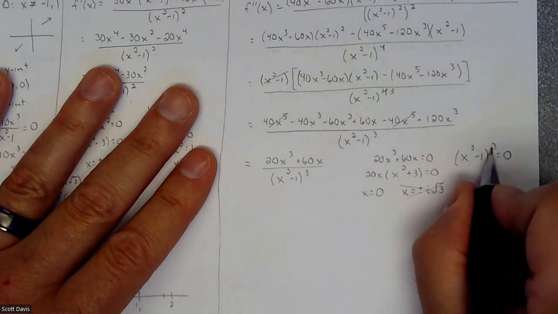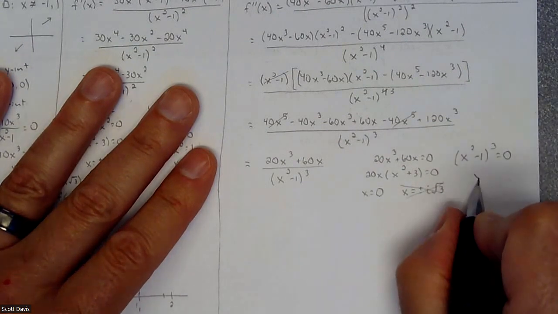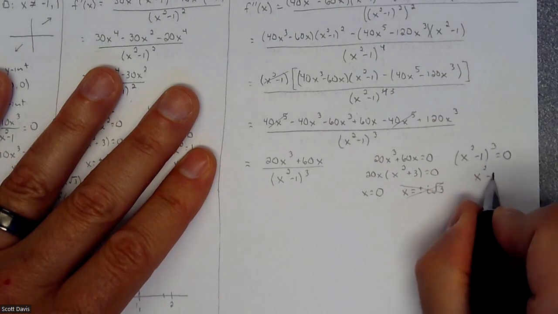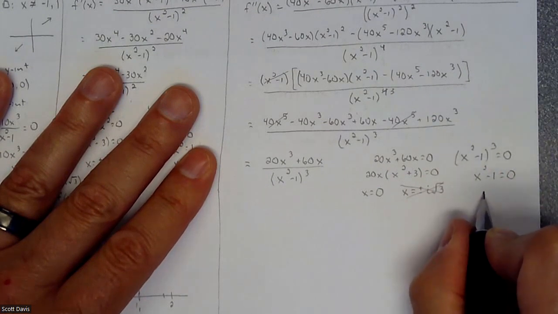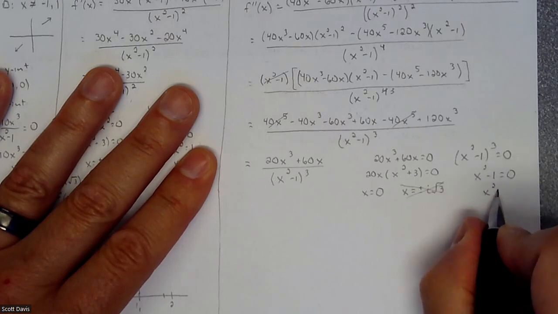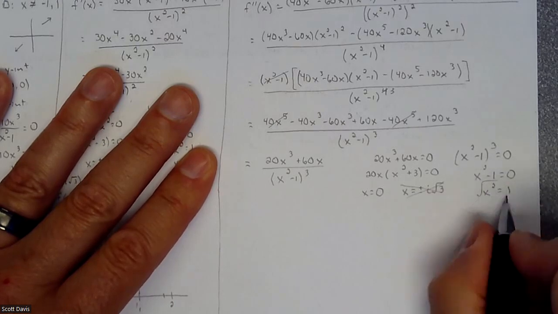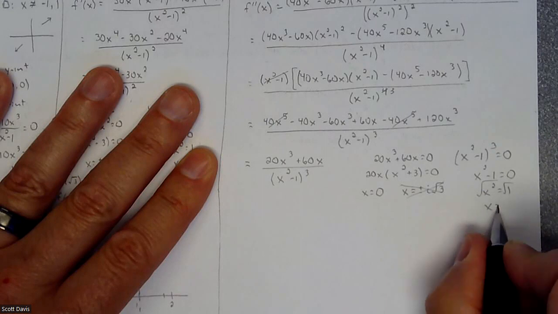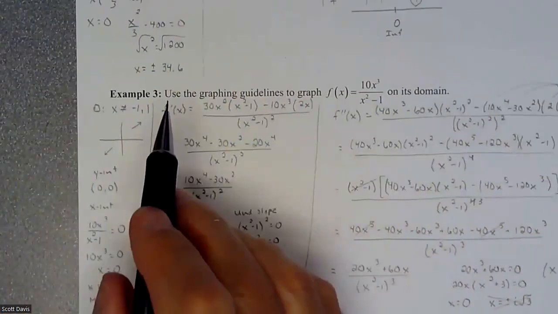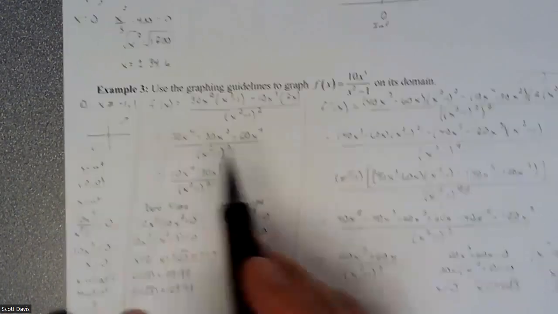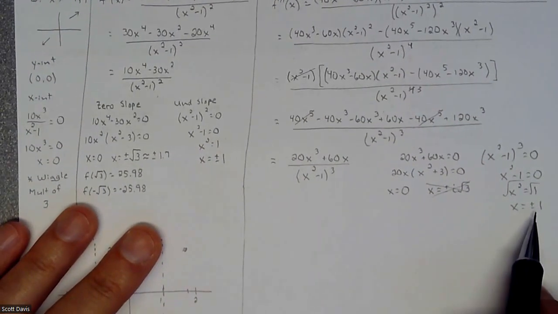And then here, if we cube root both, that would give us x squared minus 1 equaling 0. We'd add 1 and square root. So x squared is going to equal 1. X equals plus or minus 1. But back to, those are domain issues. So that's where our asymptotes are happening, but they're still critical numbers.